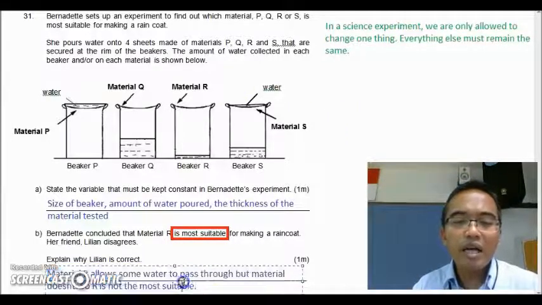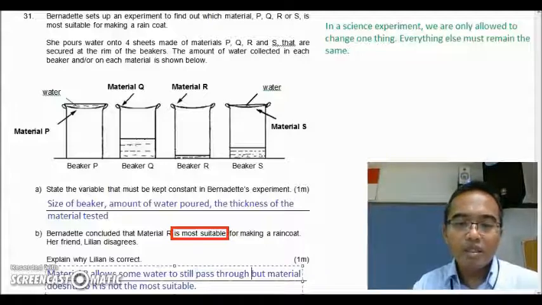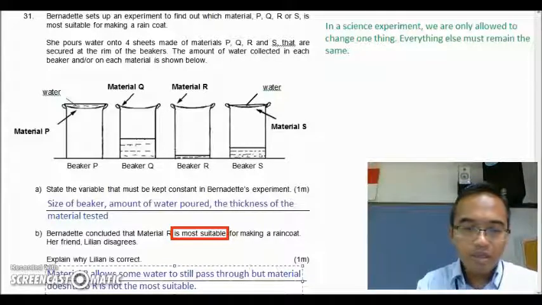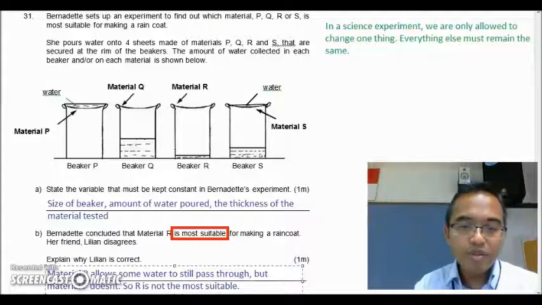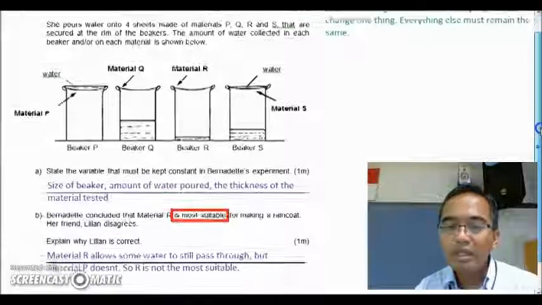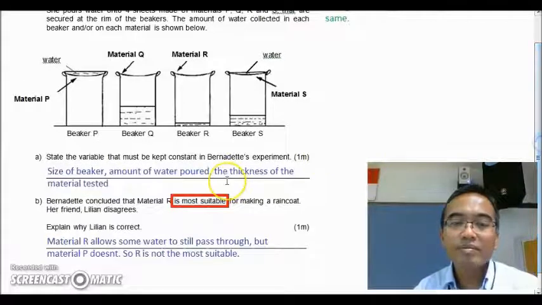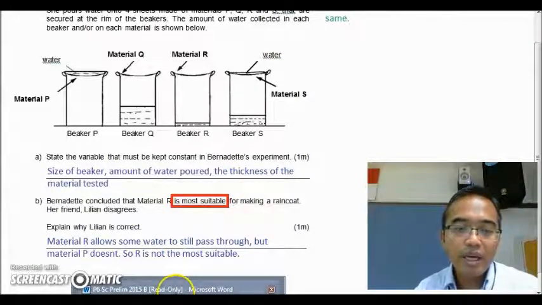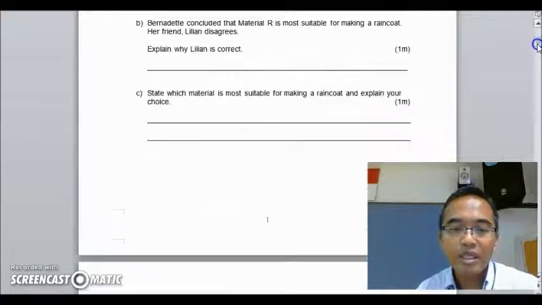Material R allows some water to still pass through, right? But material P doesn't. So R is not the most suitable. Do you understand this? Okay? Is that simple?